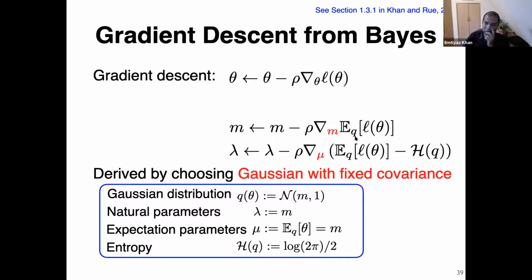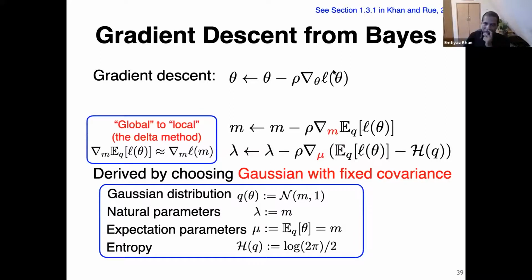Now the difference between these two updates is that here we are averaging over Q, and here we are not, okay? So if you say that I don't want to sample, my jury is not going to consist of many people, but only the mighty king. So I'm going to choose the mean because that's where the distribution is highest.